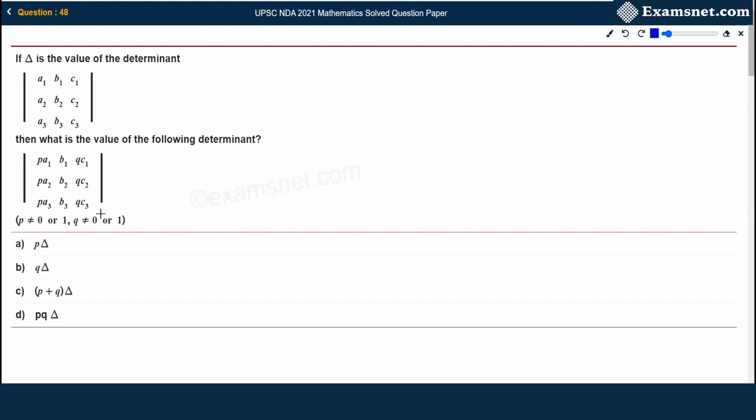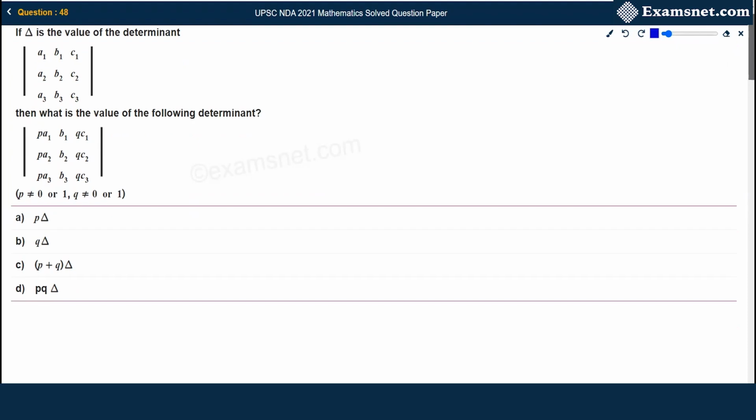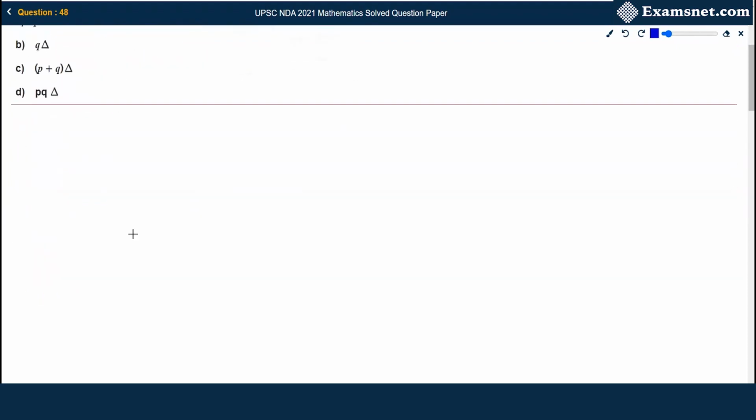First, we need to learn a very important property of a determinant, the scalar multiple property. And what does it state?